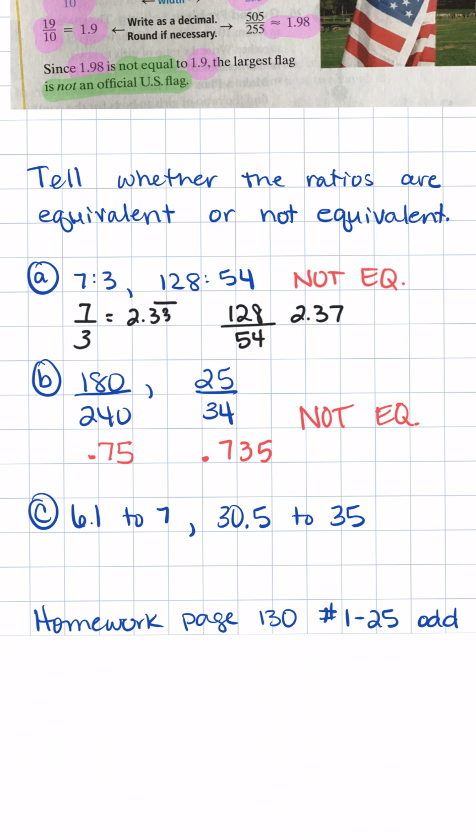With this one, 6.1 divided by 7 is going to be 0.8714, and it goes on after that. And if we go 30.5 divided by 35, we get the same number, 0.8714, and it goes on. So yes, these are equivalent.